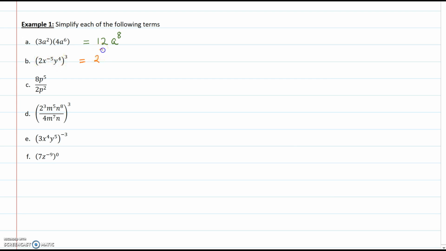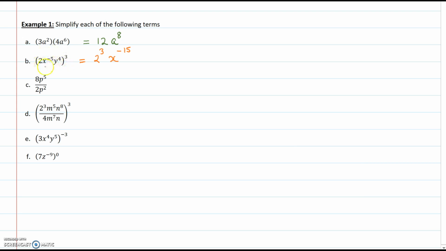So that's going to be 2 to the power of 3. X to the power of, x already has a power of negative 5 on it. When you have an inside power and an outside power, you multiply them. So for the x, it's going to be x to the power of minus 15. And you see how we're dealing with each piece separately?